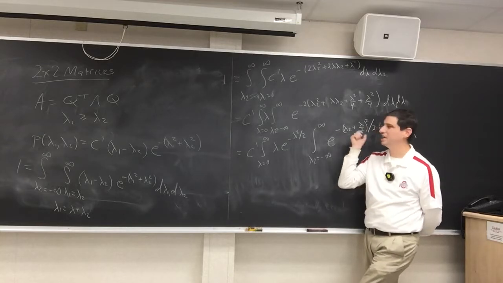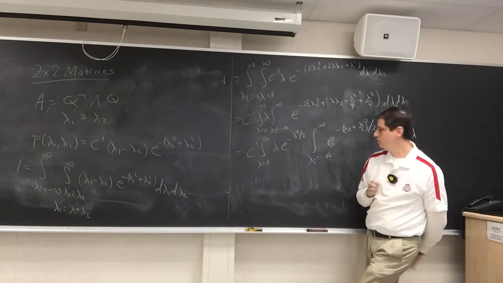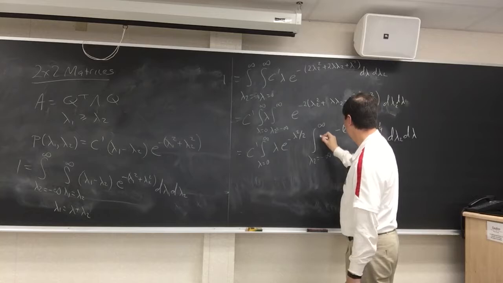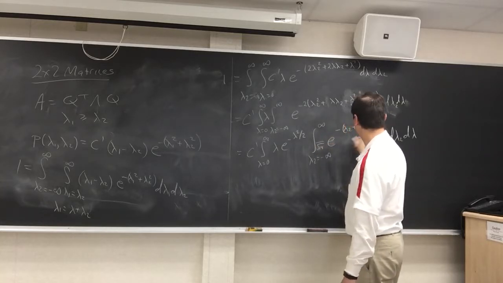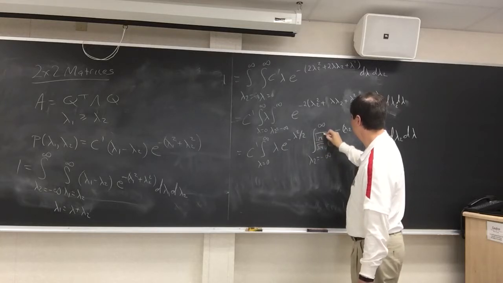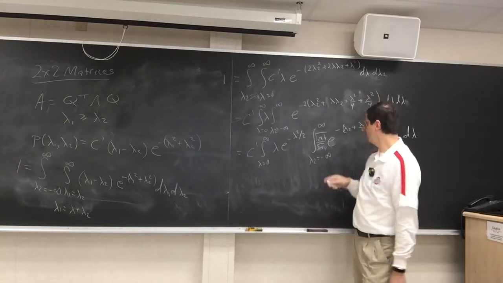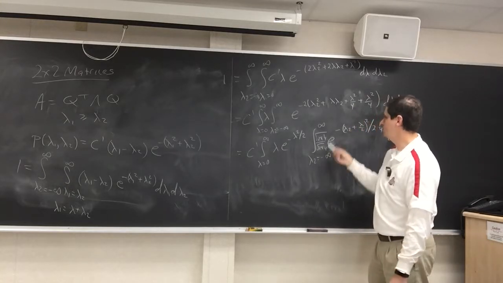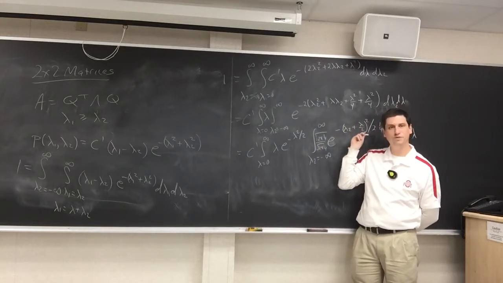The reason I'm doing this is so that I can identify what the variance is of this Gaussian. So then I want to have a square root of 2 pi 1/4, and then a square root of 2 pi 1/4. Yep. And so now this integral is just a Gaussian with mean lambda over 2 and variance 1/4.